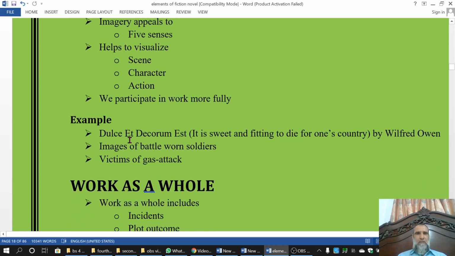An example is these French words. Dulce et decorum est. It is sweet and fitting to die for one's country, by Wilfred Owen. This is the translation of these words.